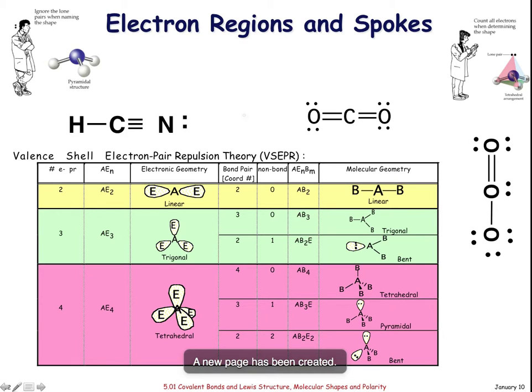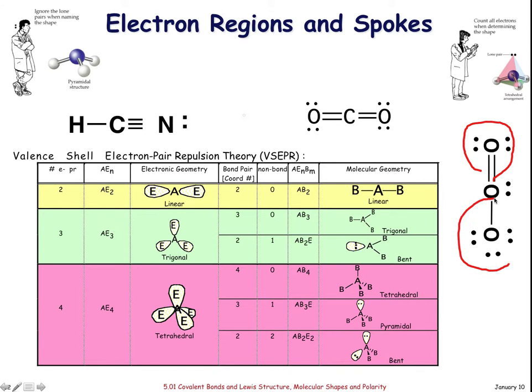Let's take a look at ozone. This is 1, 2, three regions of electron density. So we're right here. The electronic geometry would be trigonal planar. It's got three regions. But take a look at the bonded atoms.